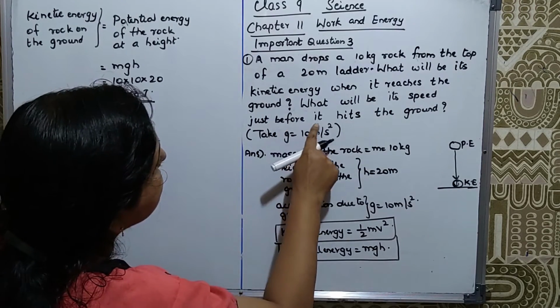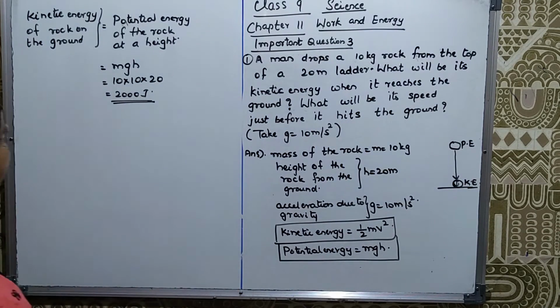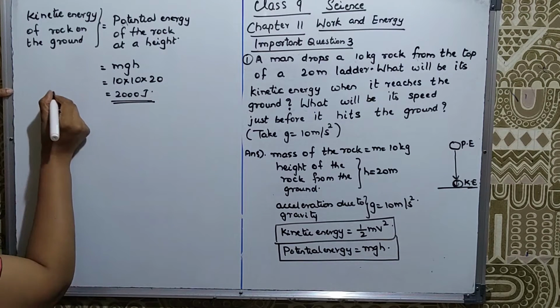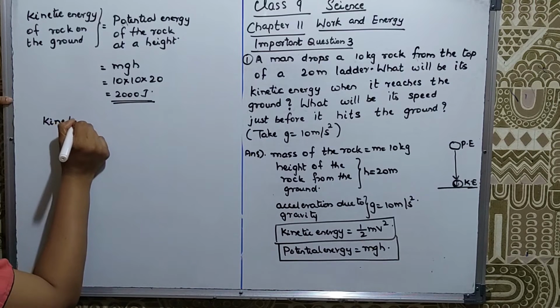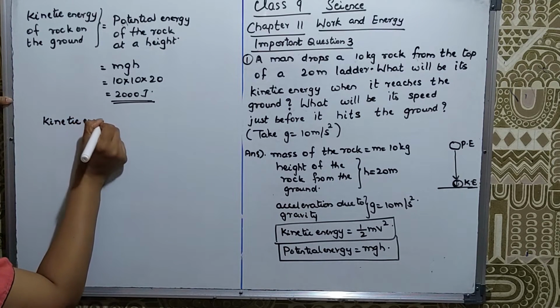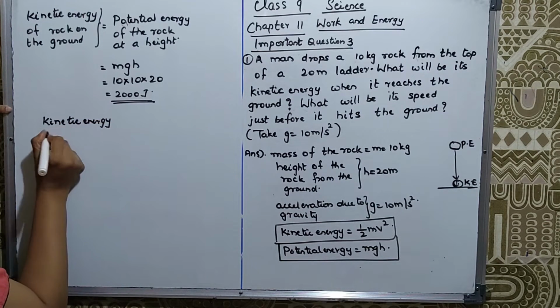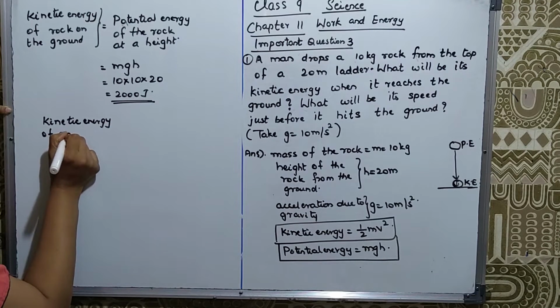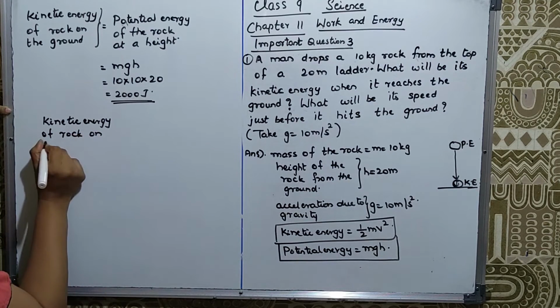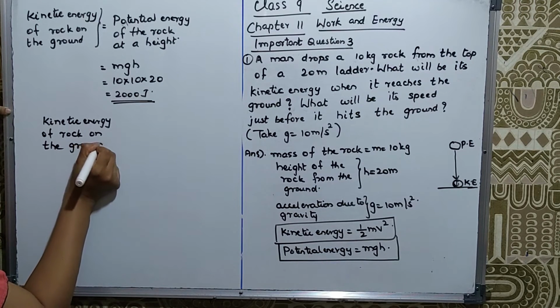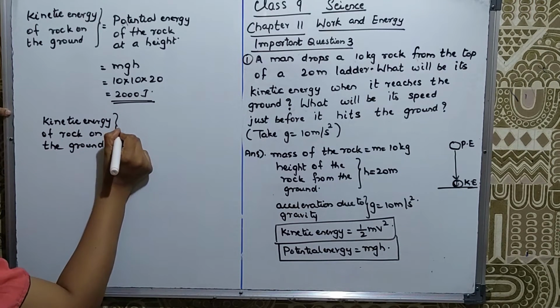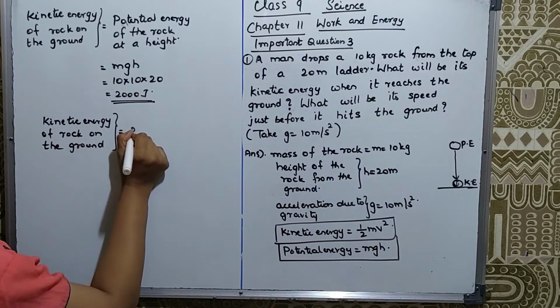Now what will be its speed just before it hits the ground? So this was the kinetic energy. Once more I'll write kinetic energy of rock on the ground equal to 2000 joule.